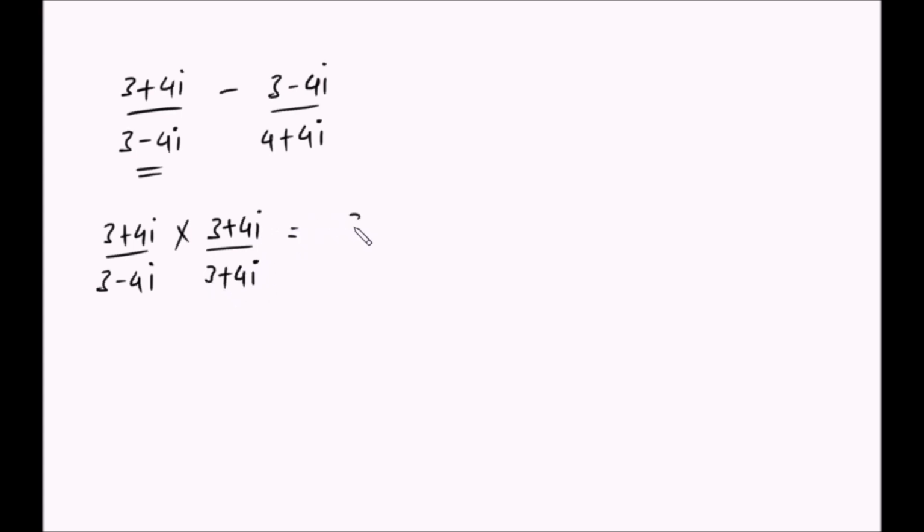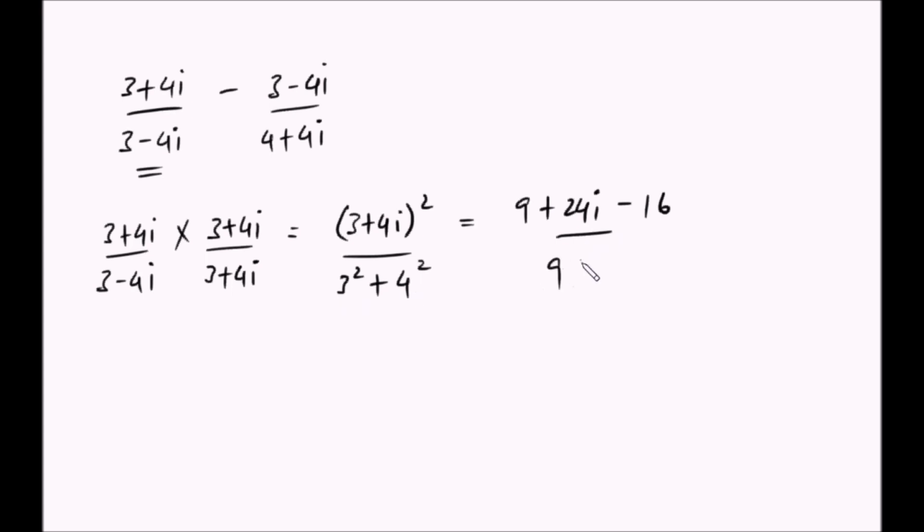So the numerator is (3 + 4i) squared. The denominator is 3 squared plus 4 squared. In the numerator here we're going to have 9 plus 24i minus 16, over 9 plus 16.